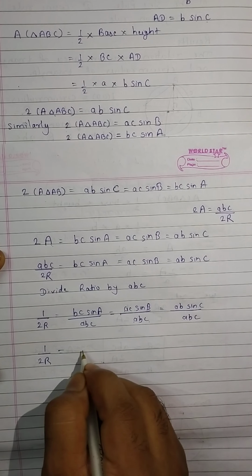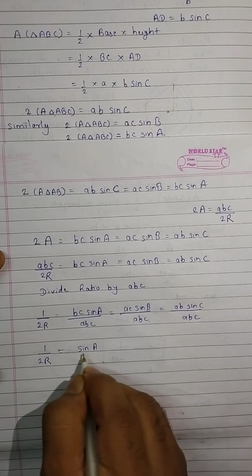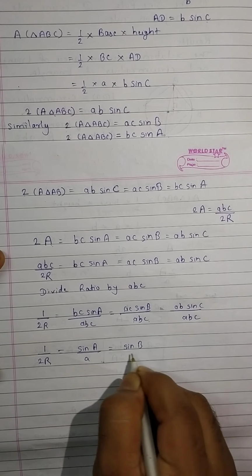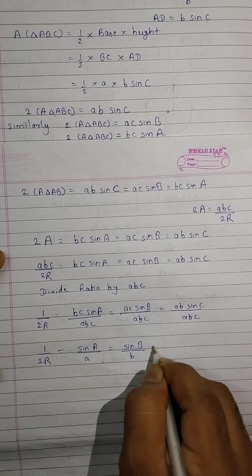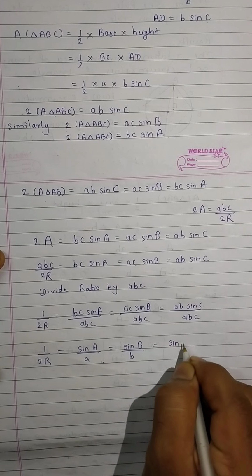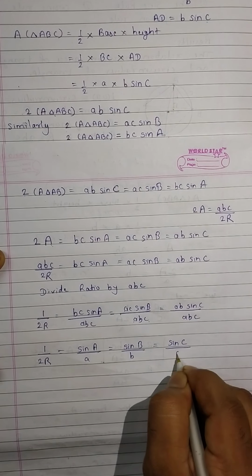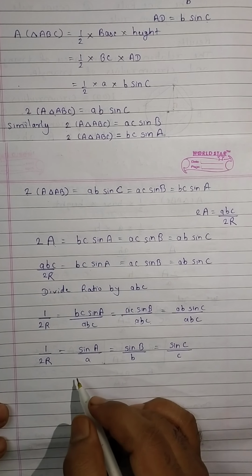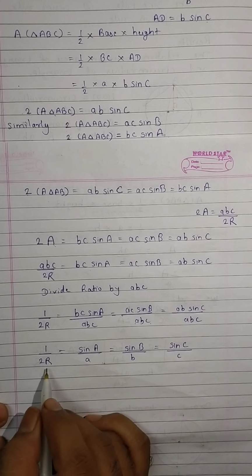to sine A upon a, sine B upon b, sine C upon c. So here we are almost done with the result. Only we have to take a reciprocal of this ratio.